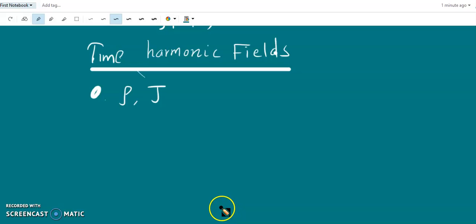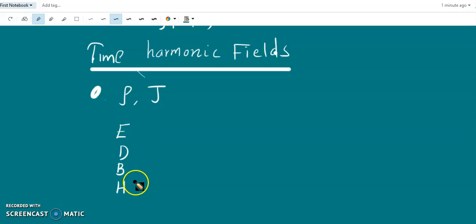Since the Maxwell equations are linear differential equations, the corresponding fields E, D, B and H are also sinusoidal. They are also harmonic in time.